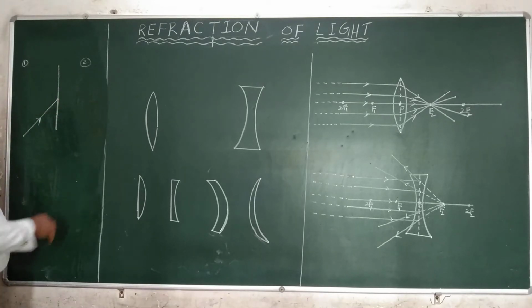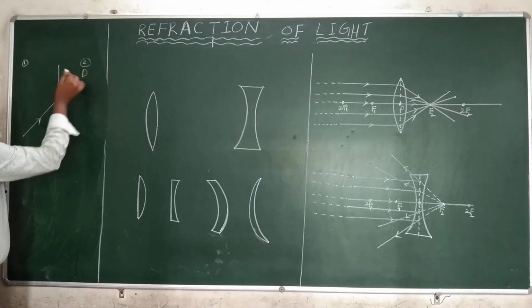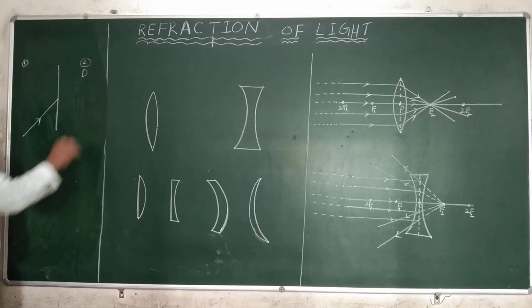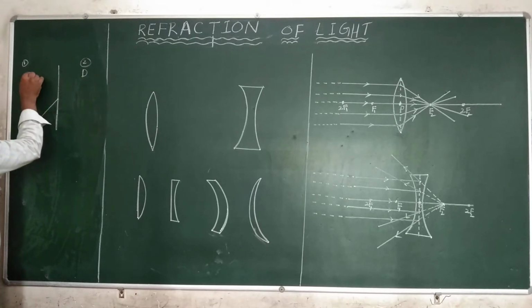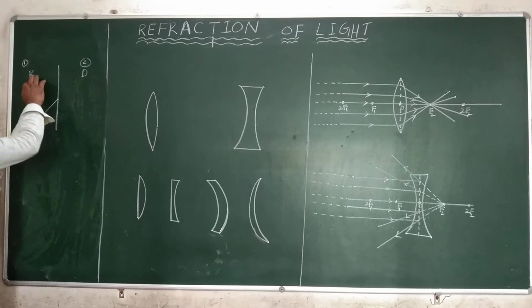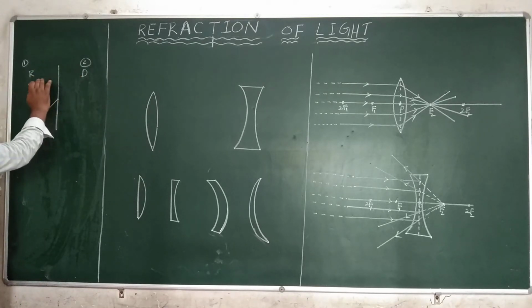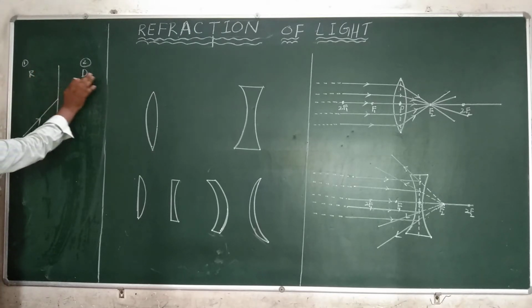For our convenience here, medium 2 is the denser medium, with more optical density. This is the rarer medium, which means the density of the medium is less compared to this one.